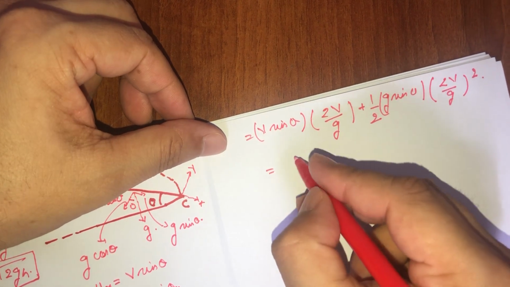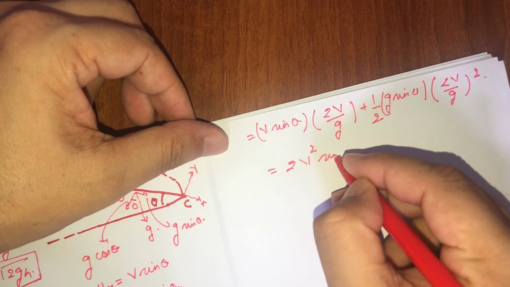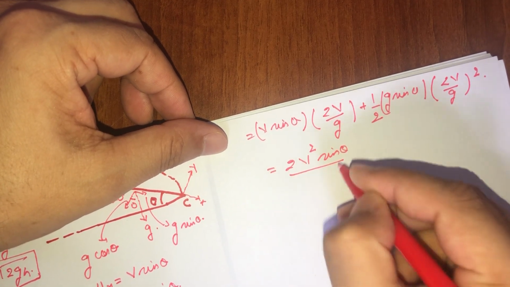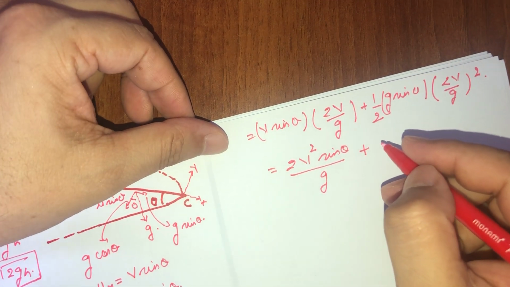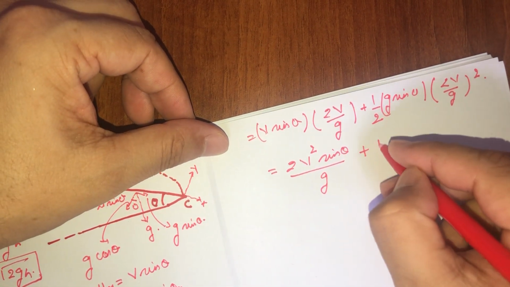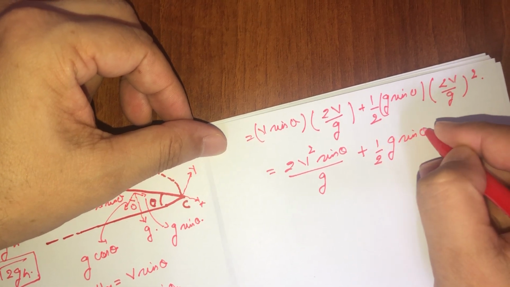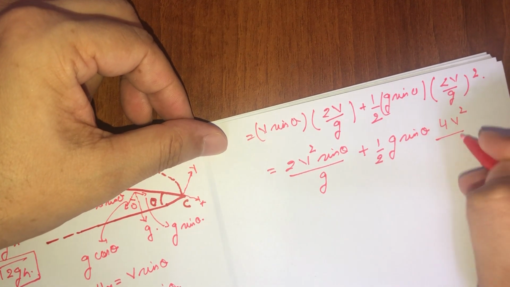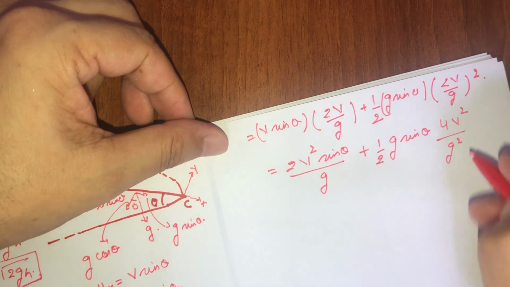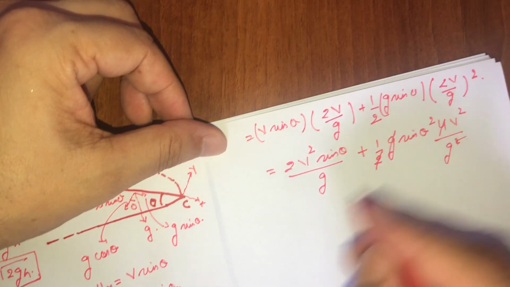So we can write this as 2v square sin theta divided by g plus half g sin theta times 4v square divided by g square. G square goes with this g, this cancels out with 4, it will be 2.